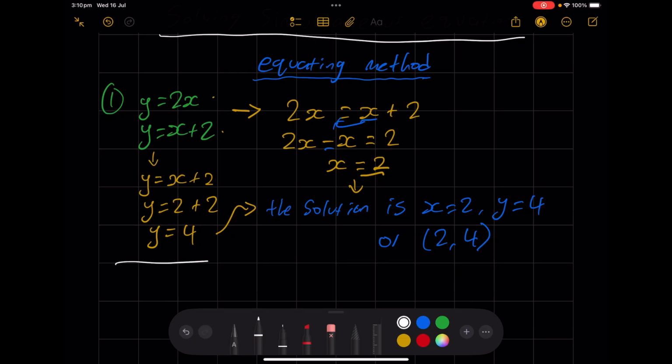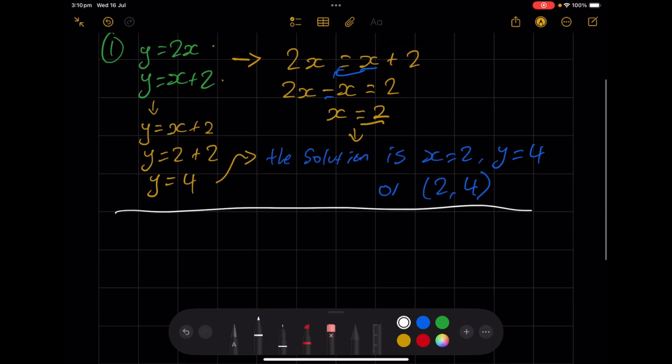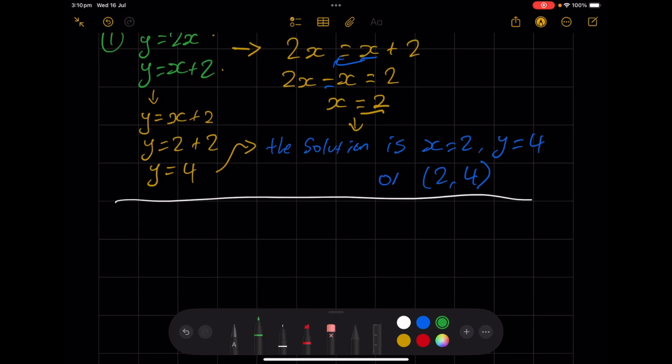Now I will show you a different type of question that you may be given, just so you don't get confused when you see it. There will be a question like this: 3x plus 2y equals 2 and x equals 7 plus 5y. If you have a question like this, we do not use the same method.